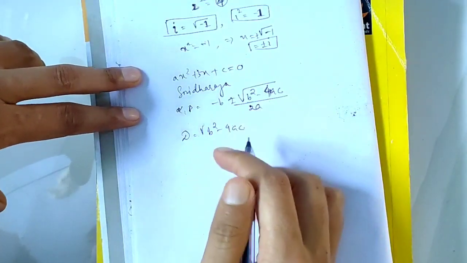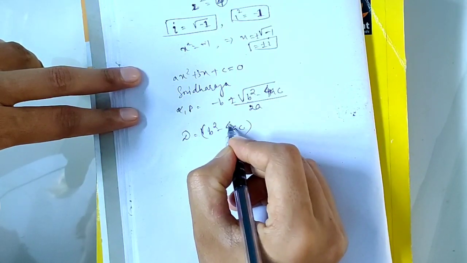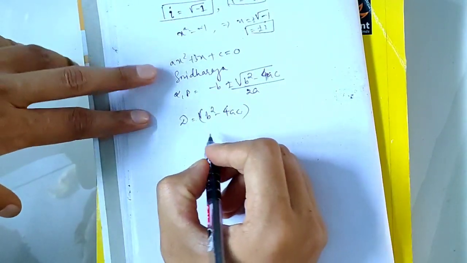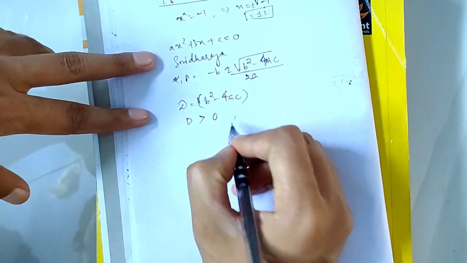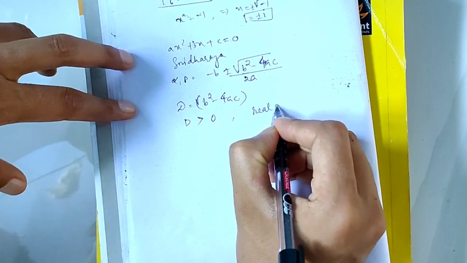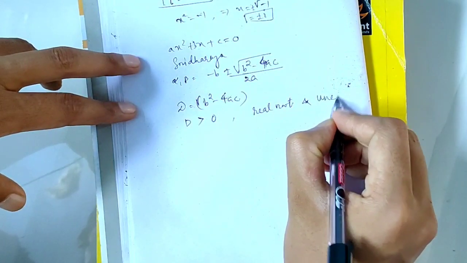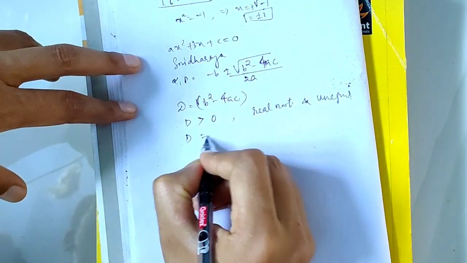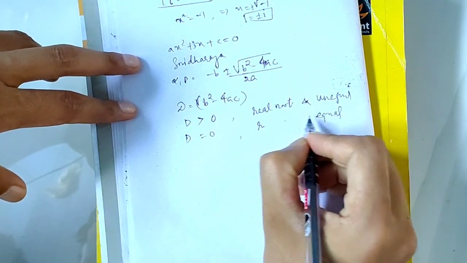Where D is greater than 0, we get two real roots; D equal to 0, real and equal roots.